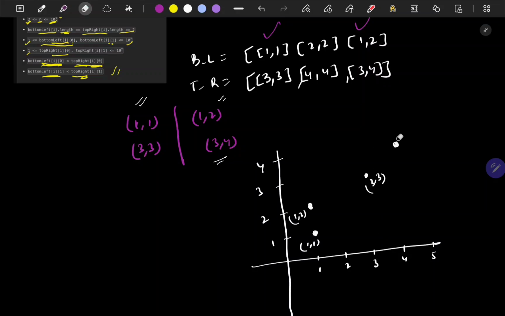Sorry, this is (3,3), so (3,4) will be here somewhere.